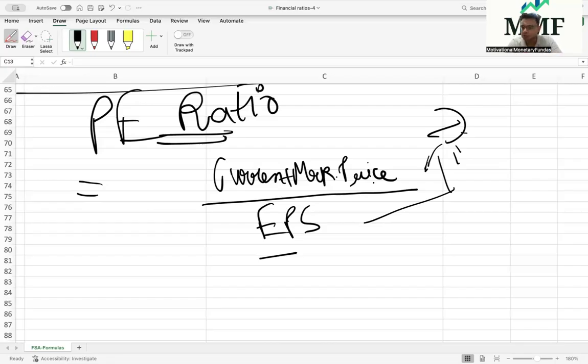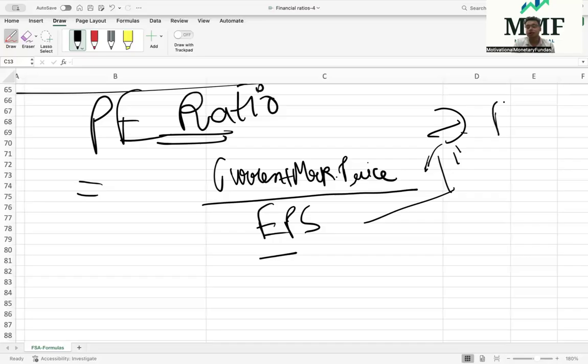Simply go to Google, share price of Infosys, you'll get it. So here you have to take the current share price. If I am calculating the price to earning of Infosys as of today, it's no stock recommendation, I will take the price of Infosys as of today only. I won't be taking the price as of 31st March 25 or 31st December 24. No, today's price. But EPS is something that we have to calculate.